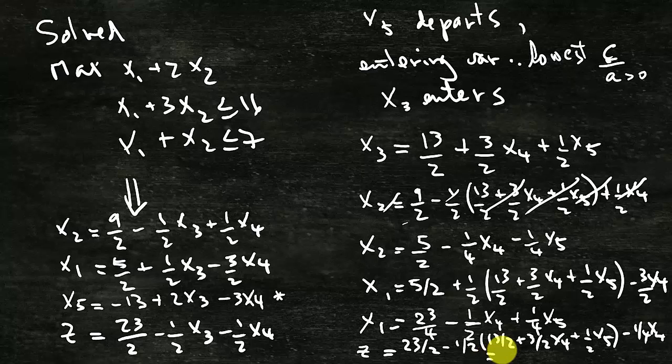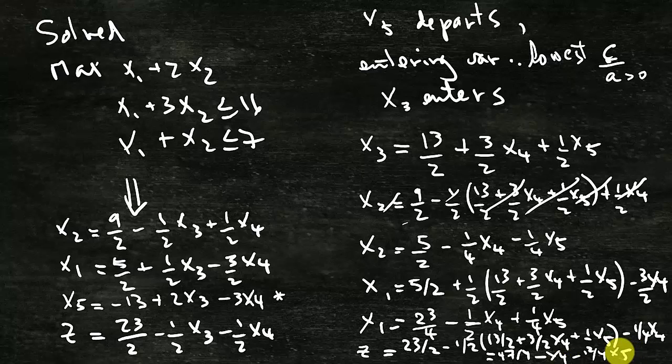So that's 46, that's 47/4. Minus x4, minus 3/4 minus 1/4, and minus a quarter x5.